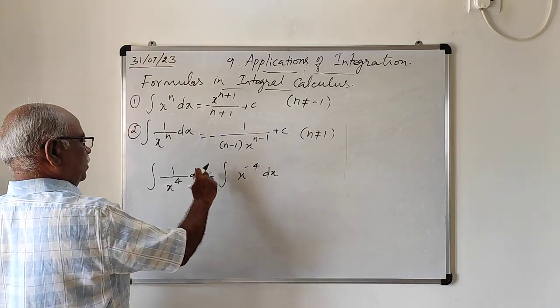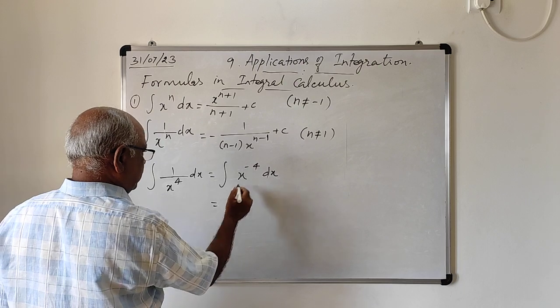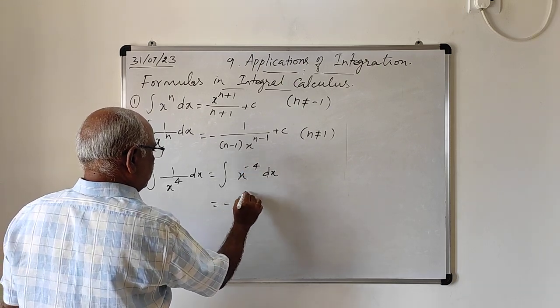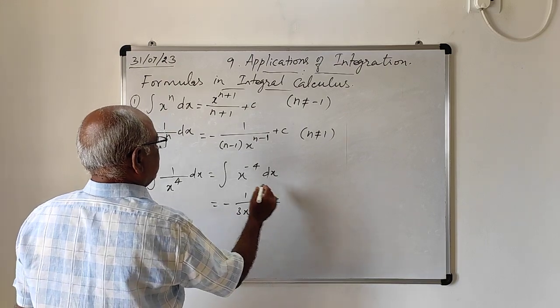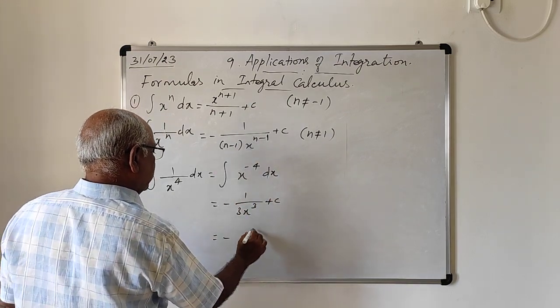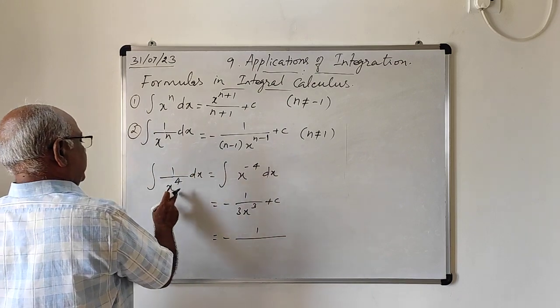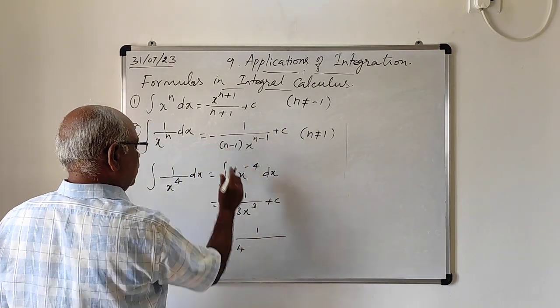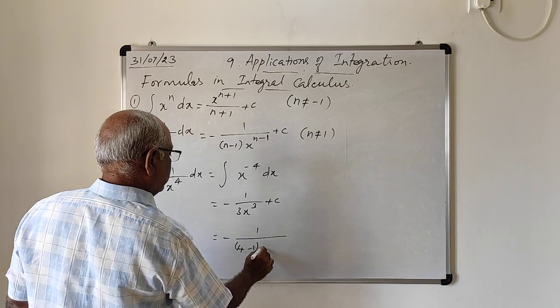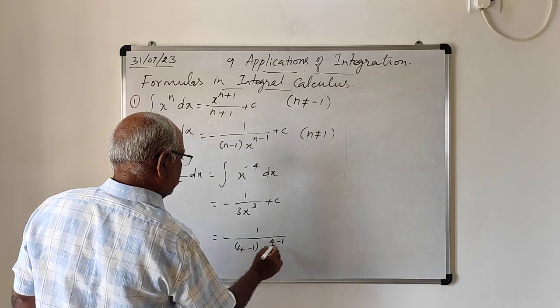By the previous idea, this is minus 1 by 3 x cube plus c. If you apply the result, you will get the same answer: minus 1 by n minus 1 into x power n minus 1, with n equal to 4, so minus 1 by 4 minus 1 into x power 4 minus 1, plus c.